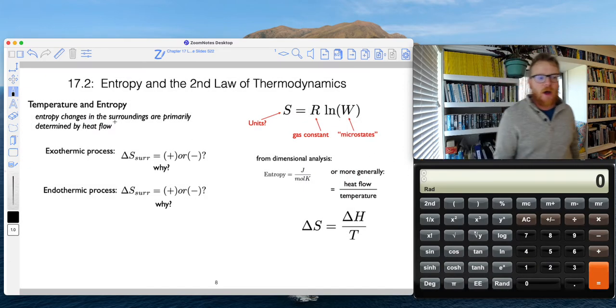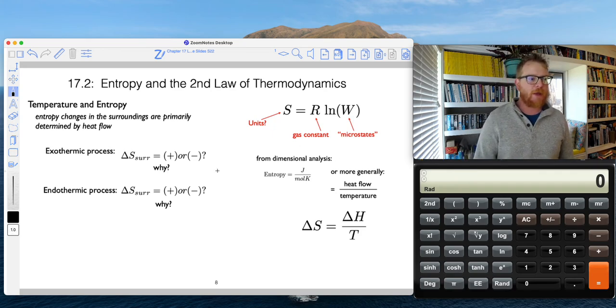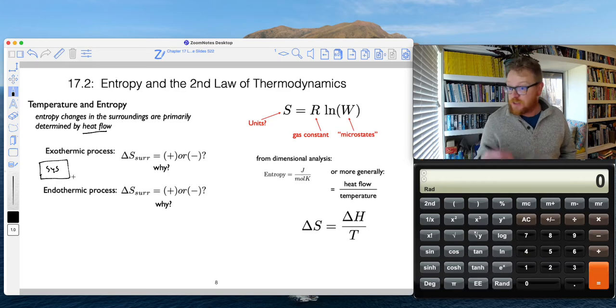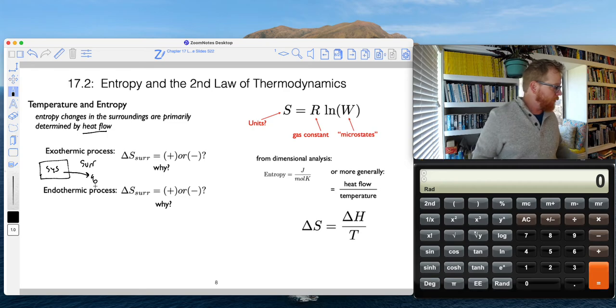So continuing along, talking about the system and the surroundings. Entropy changes in the surroundings are primarily determined by heat flow. So which way is the heat going? Is it going out or is it coming in? Now if we think about an exothermic process, I'm going to draw just a little box here, that's my system, and everything outside of this box is the surroundings. I'll just say SUR for surroundings. In this exothermic process, heat, which we remember is the letter Q, is leaving the system and going out into the surroundings.